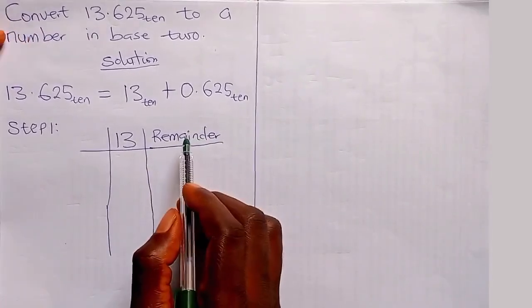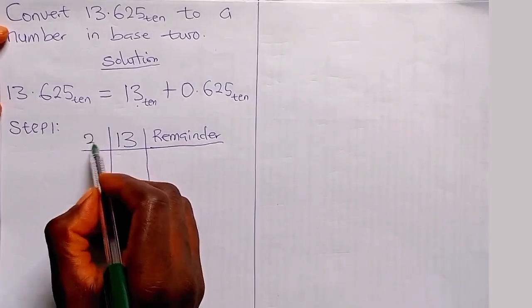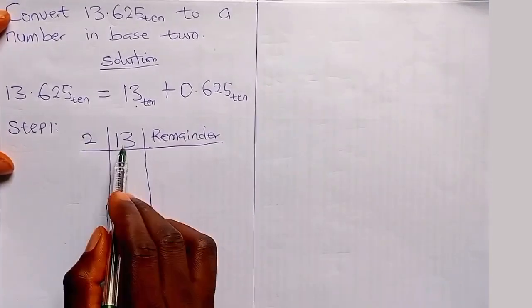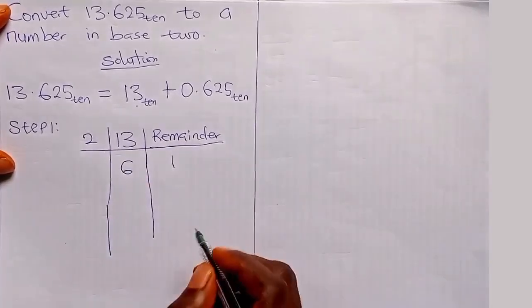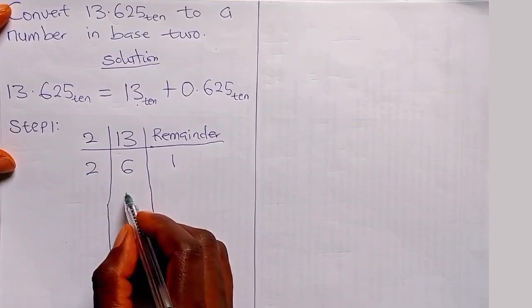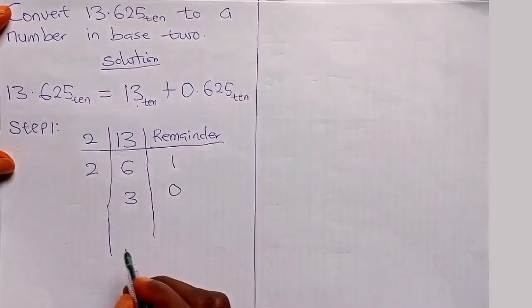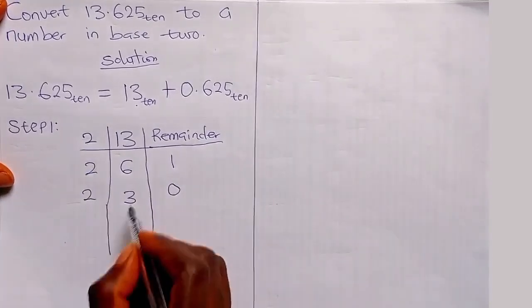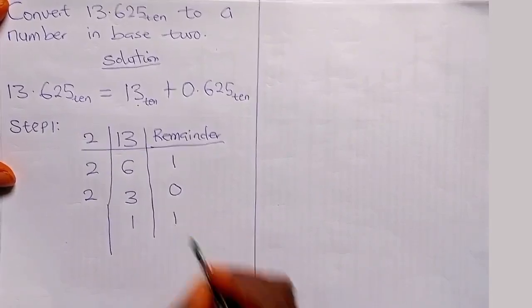Since we are converting 13 to base 2, we are going to divide by 2. So 2 going into 13 gives 6, and it remains 1. Then 2 going into 6 gives us 3, with remainder 0. Then 2 going into 3 gives us 1, with remainder 1.